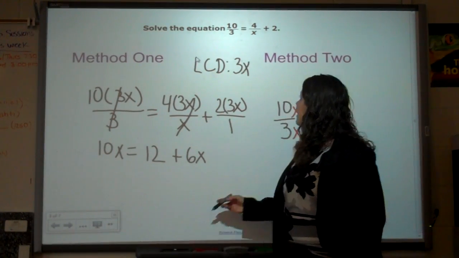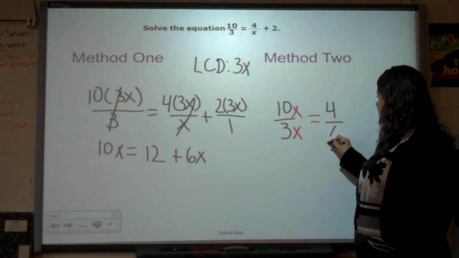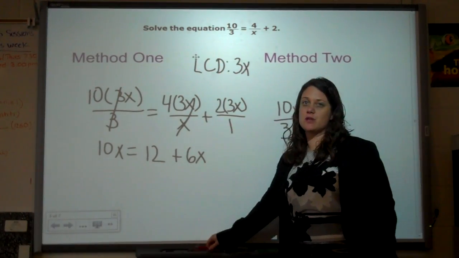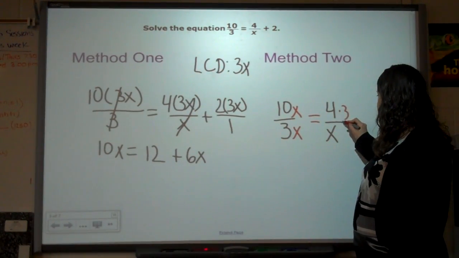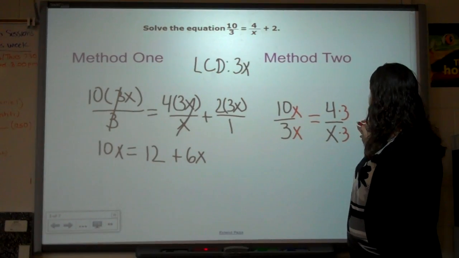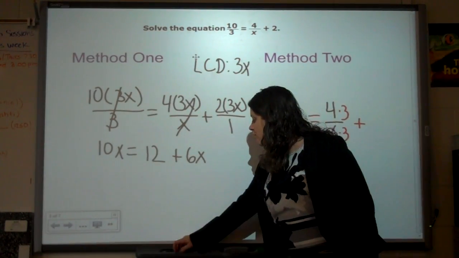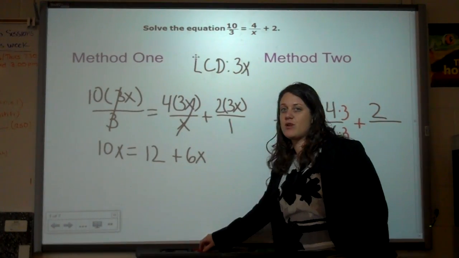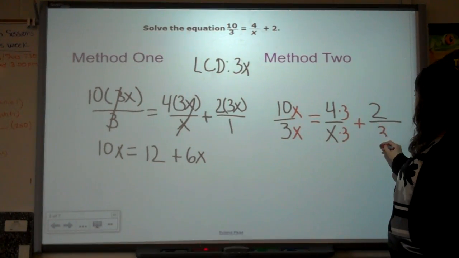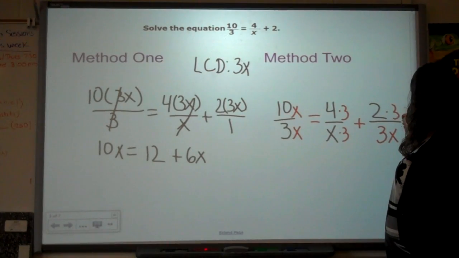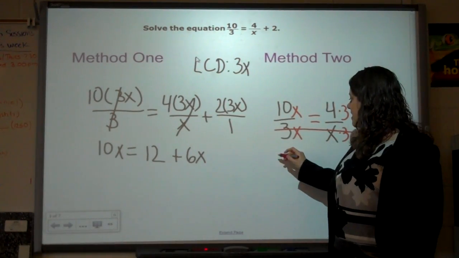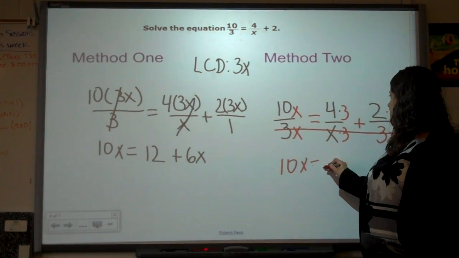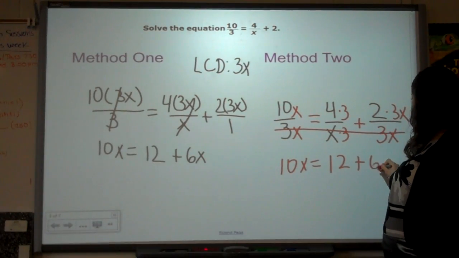For the 4 over x, I need to multiply both terms by 3. Then, for the 2, I need to actually multiply the numerator and the denominator by 3x. Now I just get rid of that, and I'm left with 10x equals 12 plus 6x.